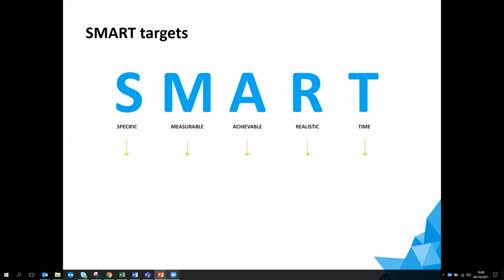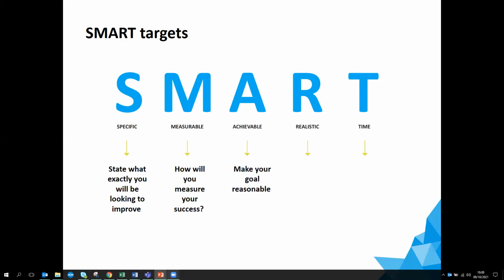Targets that are SMART are specific, so your target will state what exactly you will be looking to improve. They will be measurable, so they will tell you what success will look like and how it will be measured. They will be achievable, so it will be personal and achievable for you.